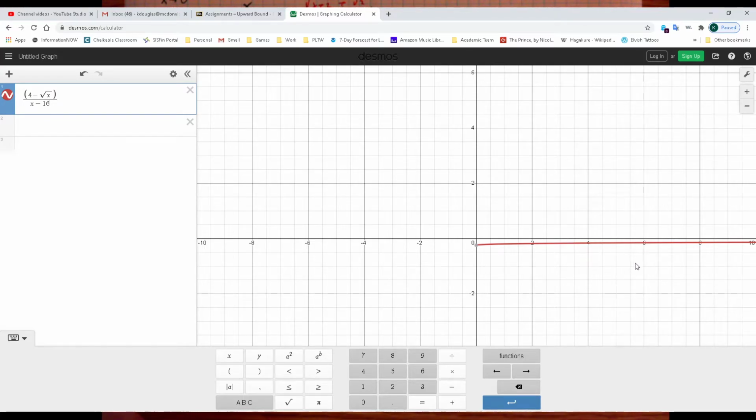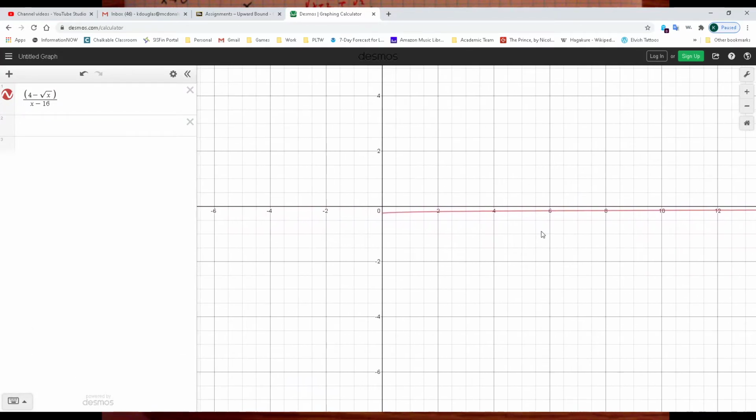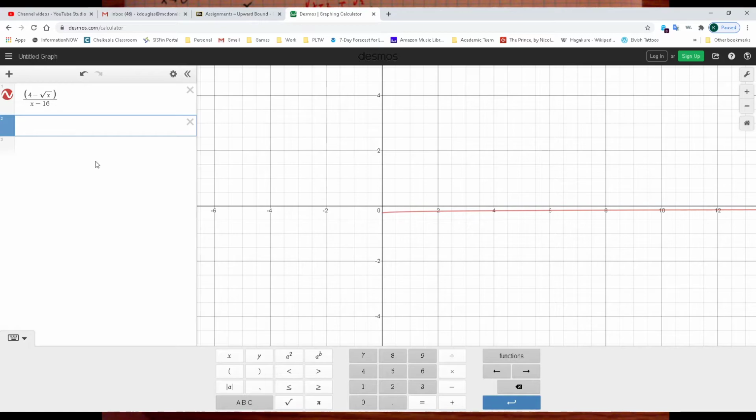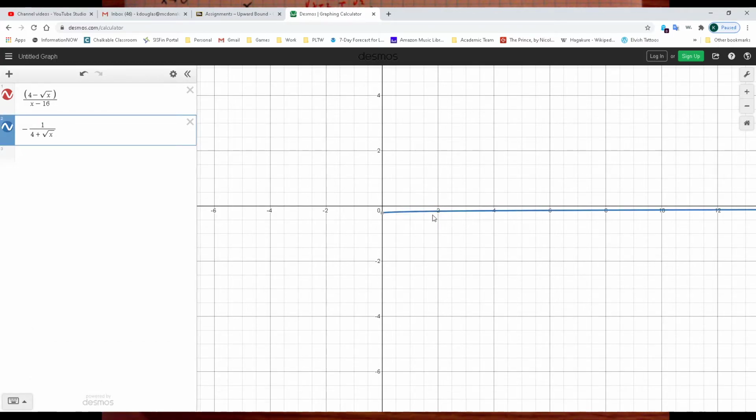So this isn't exactly a very interesting equation. It doesn't do a whole lot. You notice that it's equivalent to negative 1 divided by 4 plus square root of x. Those equations are exactly the same.